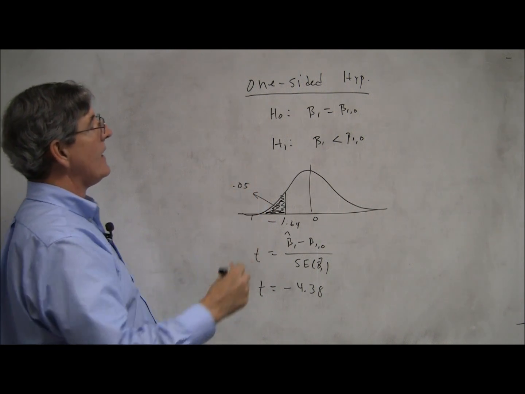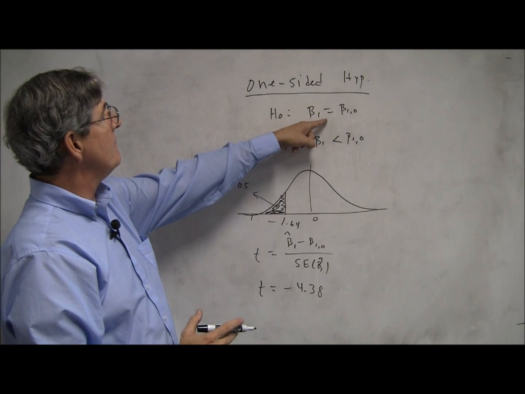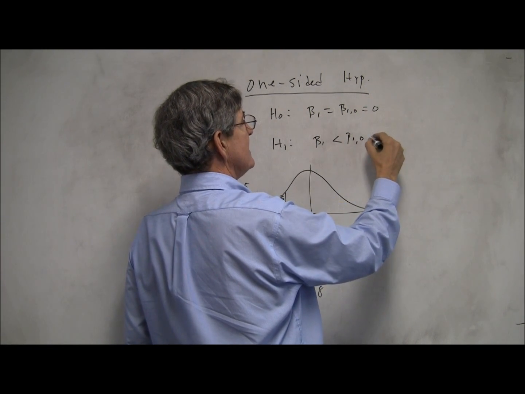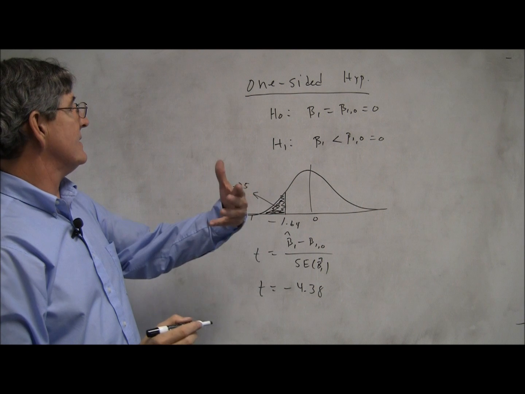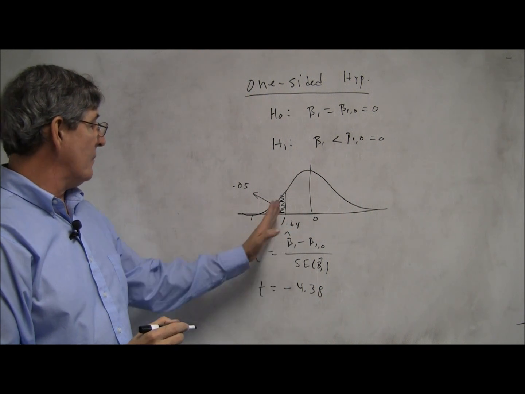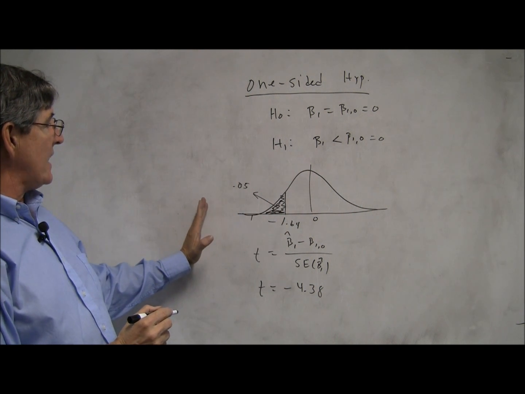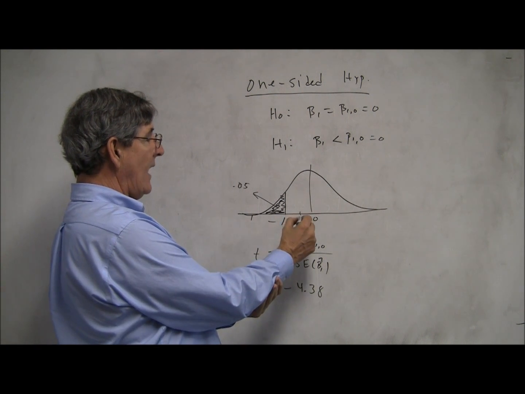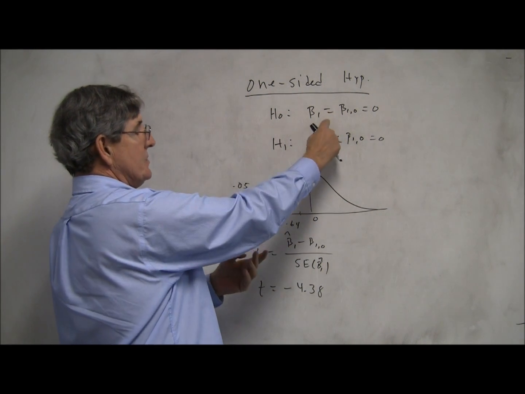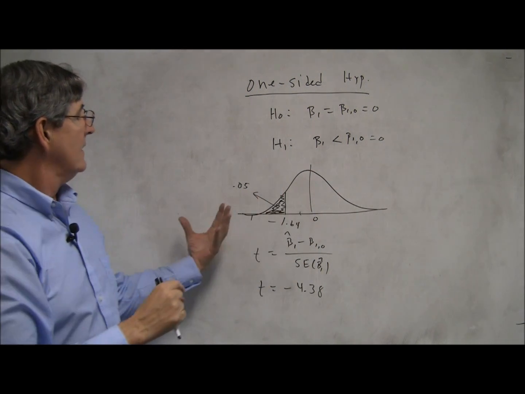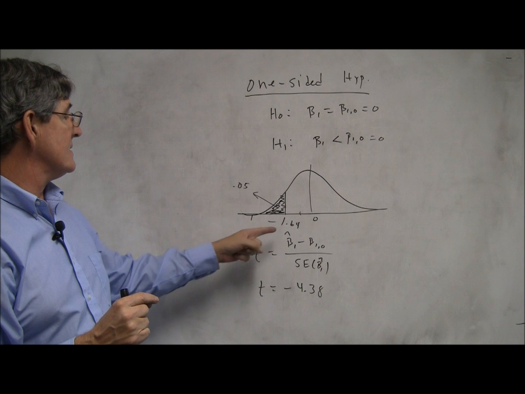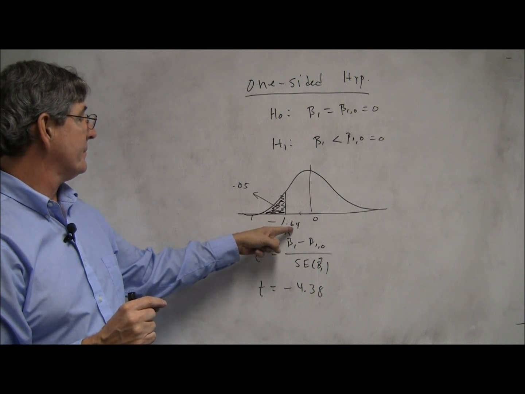So we would reject the null that beta 1 was 0 in favor that it was less than 0 for the test we just did, because minus 4.38 is way out here in the rejection region. If we had gotten a t of minus 1.5, then we would fail to reject that it was 0. So you can do one-sided tests and two-sided tests, and the only difference is the value of the limit here.